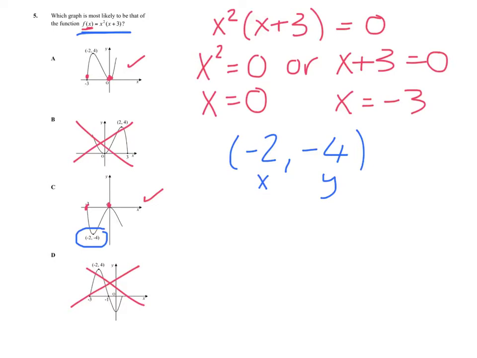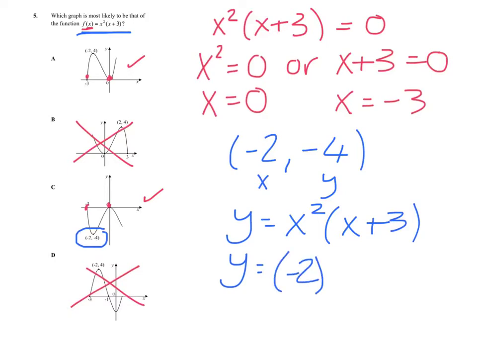So we have f of x or y equals x squared bracket x plus 3. So what we're going to do is substitute our value of x equals negative 2 in here. So y equals negative 2 squared bracket negative 2 plus 3.